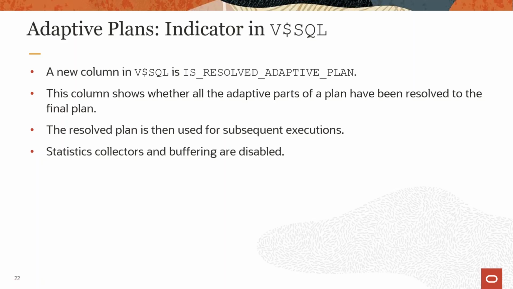Now, this optimization only happens one time, because if at the first execution it adapts your execution plan from nested loop to hash join, for subsequent executions it will keep on using that hash join, and for the subsequent executions, statistics collectors and buffering are disabled.